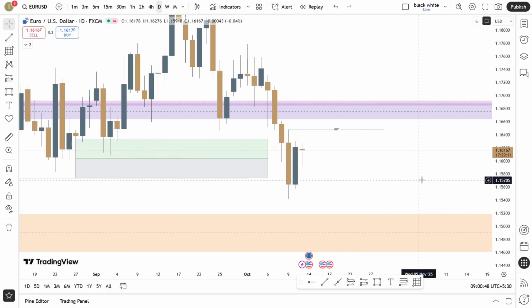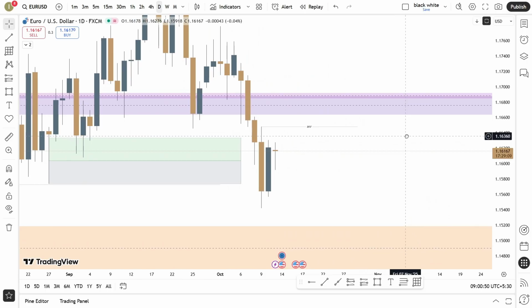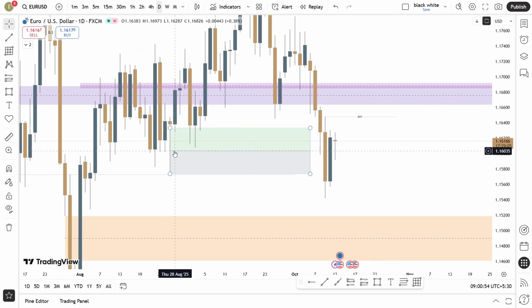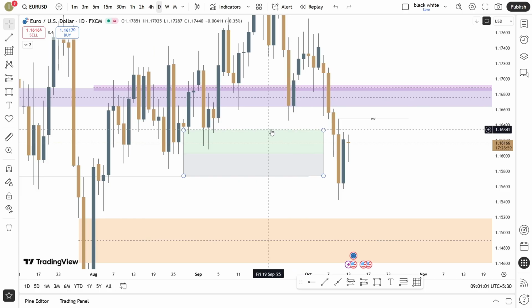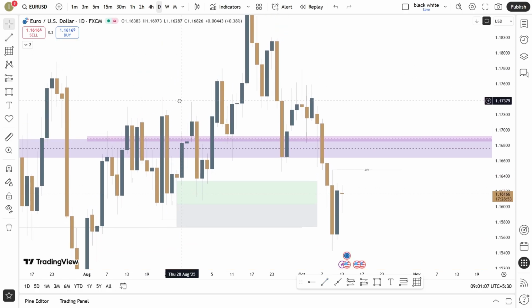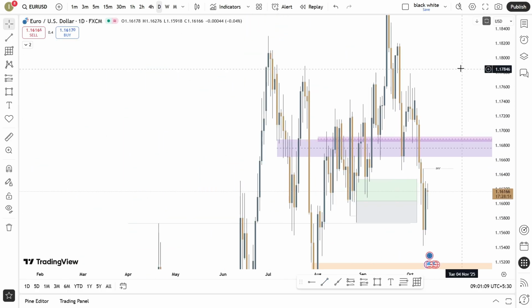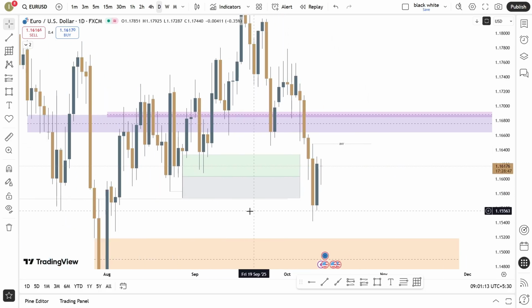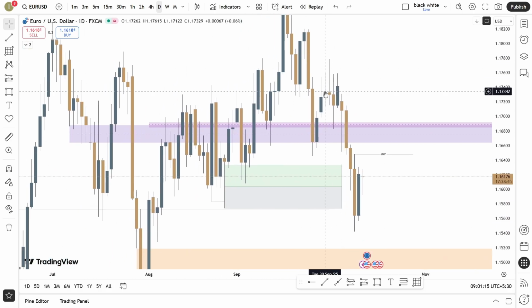As we move into the dailies, what we see is that the price was having this wick, and the 50% of this wick was left unmitigated. Now, the reason why I chose this wick was because it took the liquidity and became a reason for the price to break all these highs. So it is one of the lows from where this actual push came into the market.